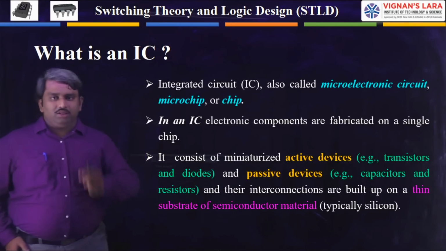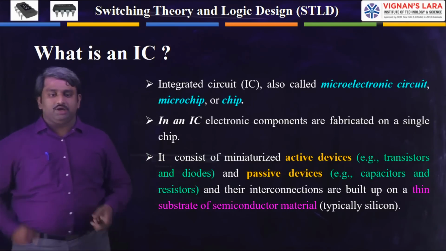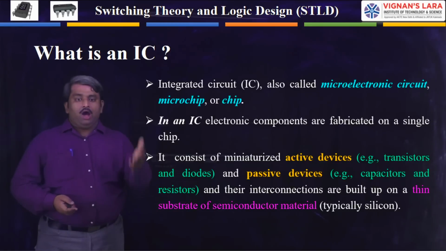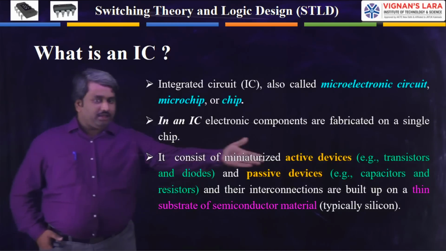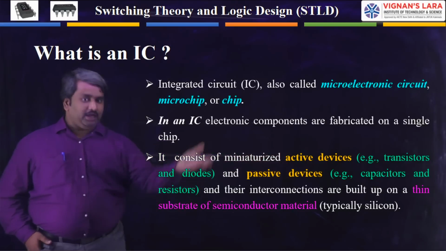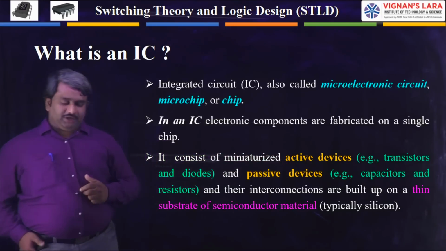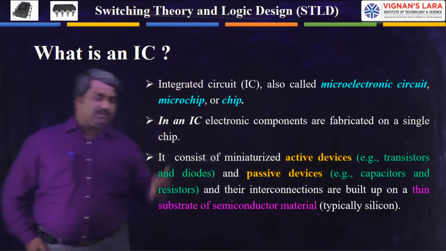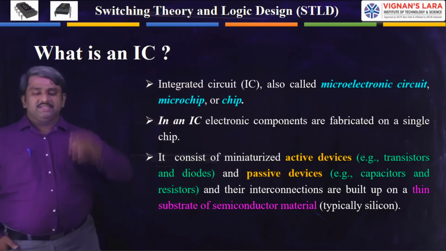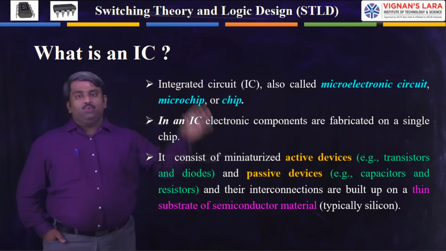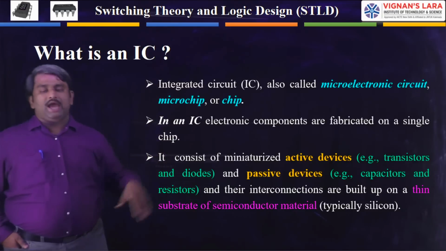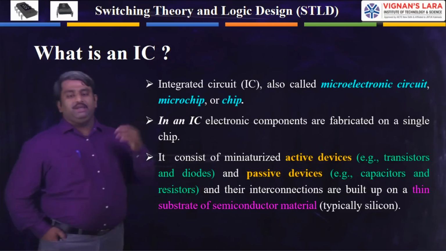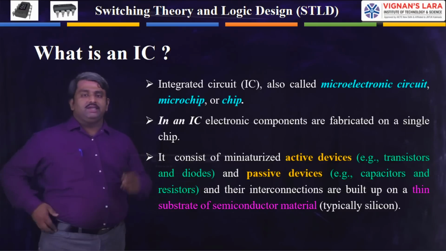All these circuits and their interconnections we place on a thin substrate of semiconductor material. That semiconductor material is generally silicon. On this silicon we place all the active and passive components and their interconnections. This is the integrated circuit.